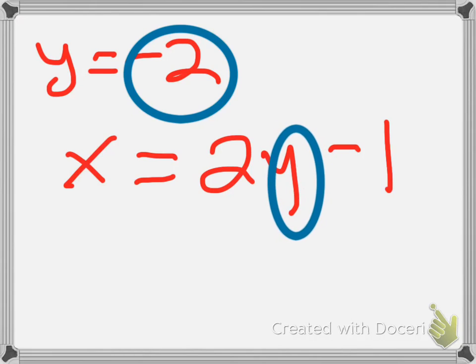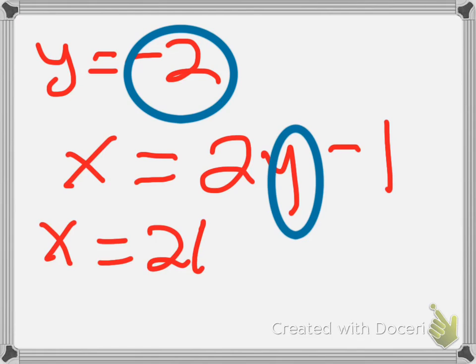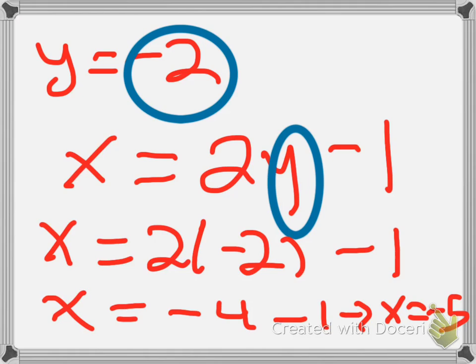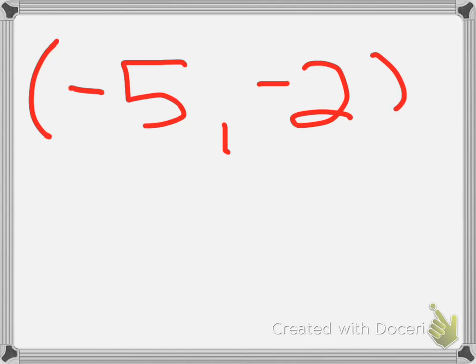And I'm going to plug it in right there. So I say x is equal to 2 times negative 2 minus 1. x is equal to negative 4 minus 1. So x is equal to negative 5. The point then where they cross is at negative 5, negative 2.